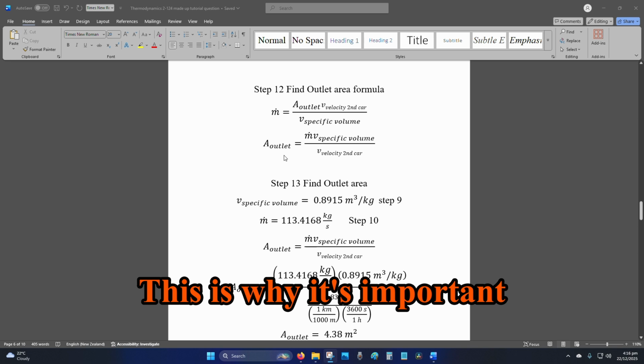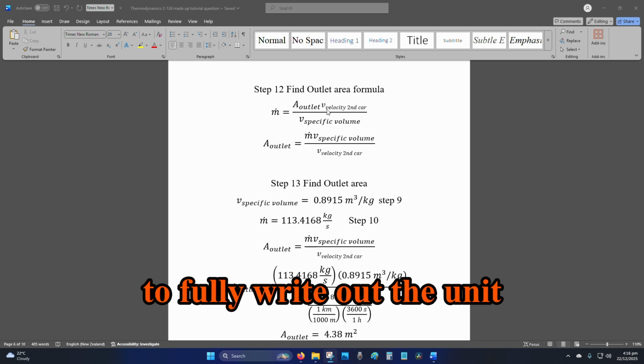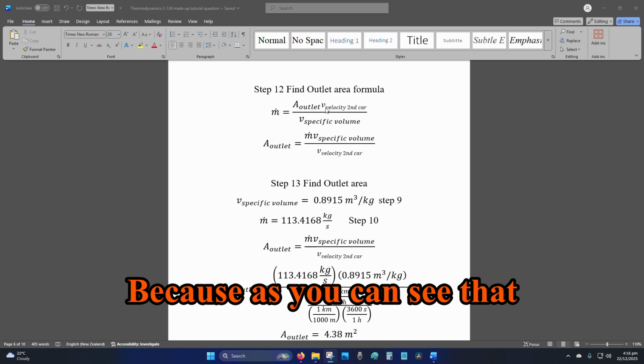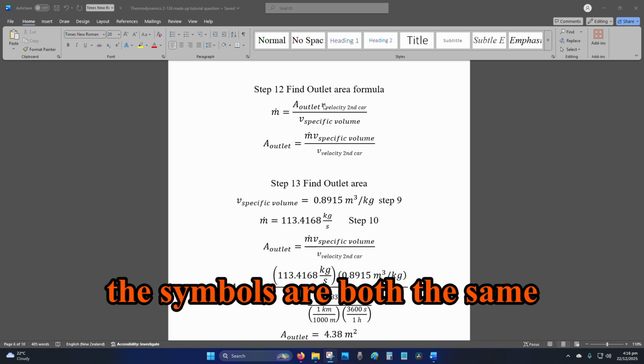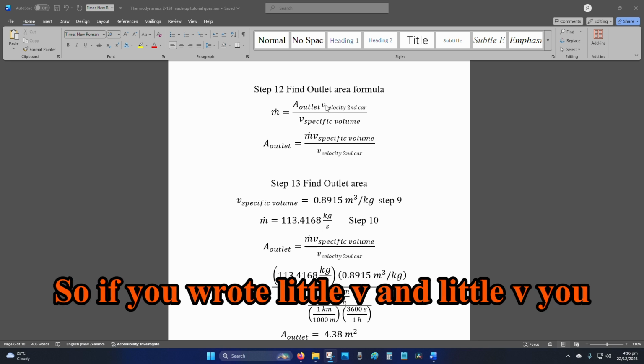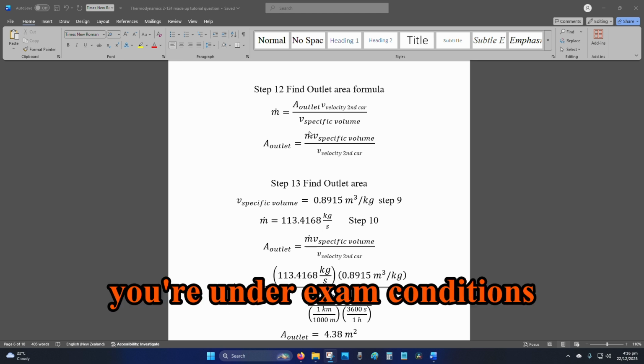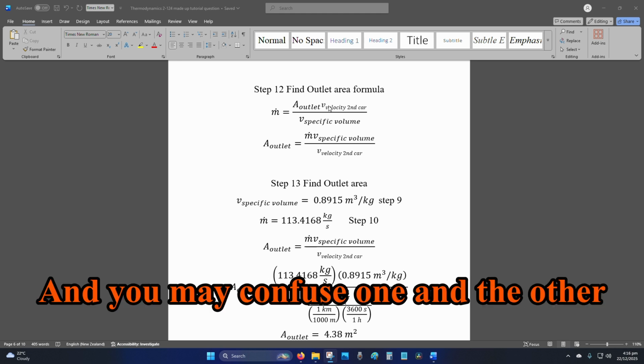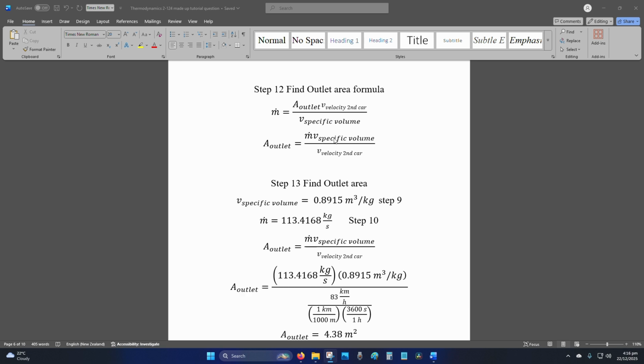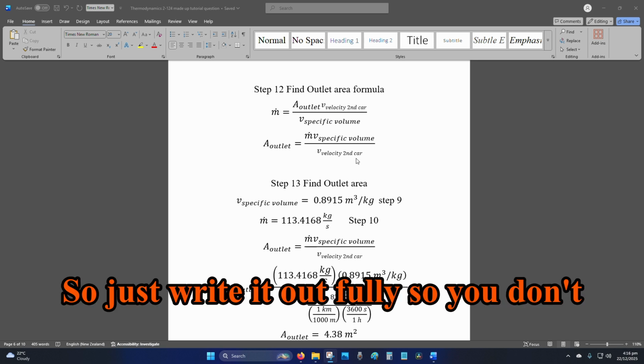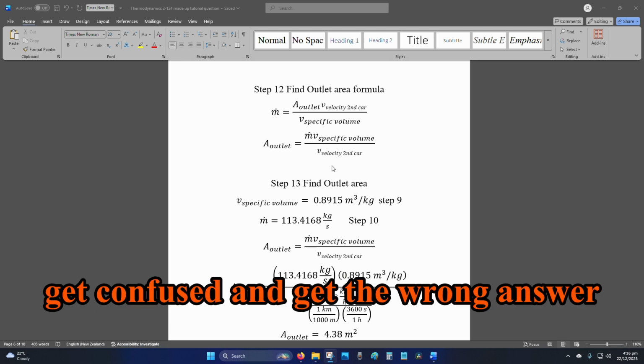And this is why it's important to fully write out the unit, because as you can see, the symbols are both the same. So if you wrote little v and little v, you may forget because you're under exam conditions and you may confuse one and the other. So just write it out fully so you don't get confused and get the wrong answer.